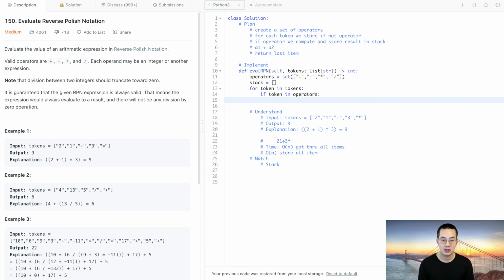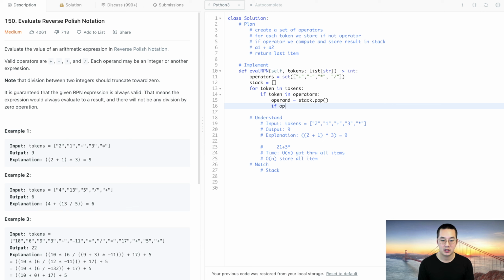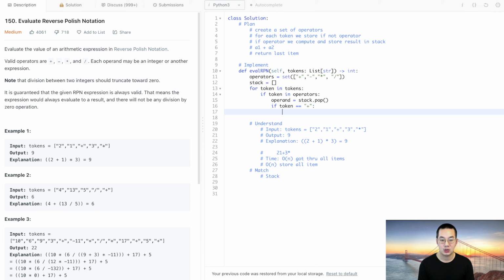The operand equals stack.pop, and if the token equals plus, then we just need to do addition. So stack at -1 is equal to the top of the stack plus the operand.